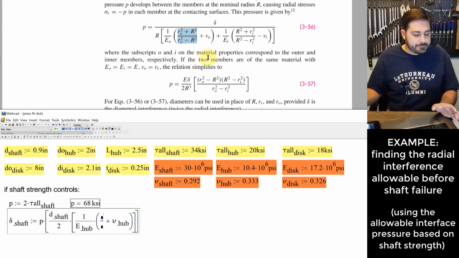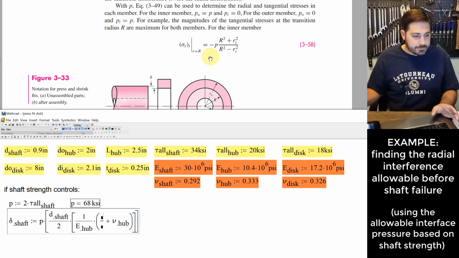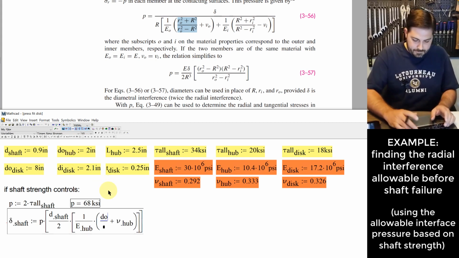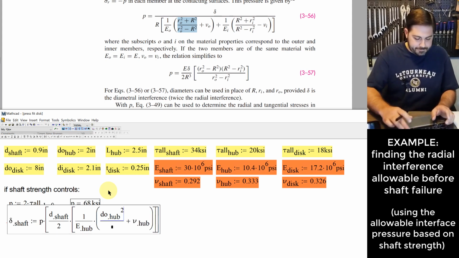So RO for the outer member. You might actually look down here if you want to make sure you know what that is. RO is the radius to the outer edge of the outer member. Okay, so instead of RO, I'm going to put DO hub, and I'm going to square that.